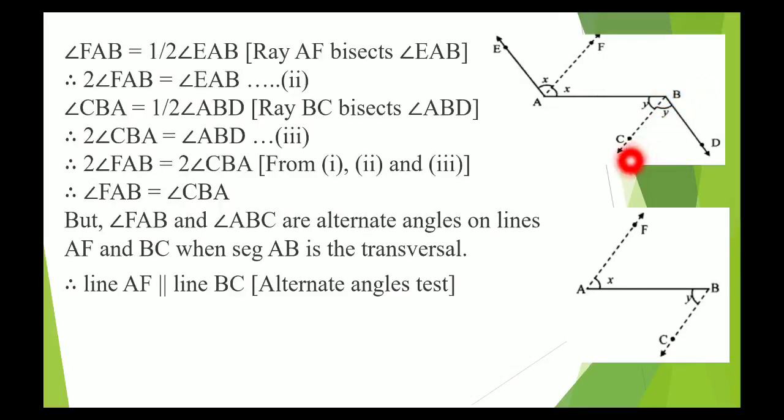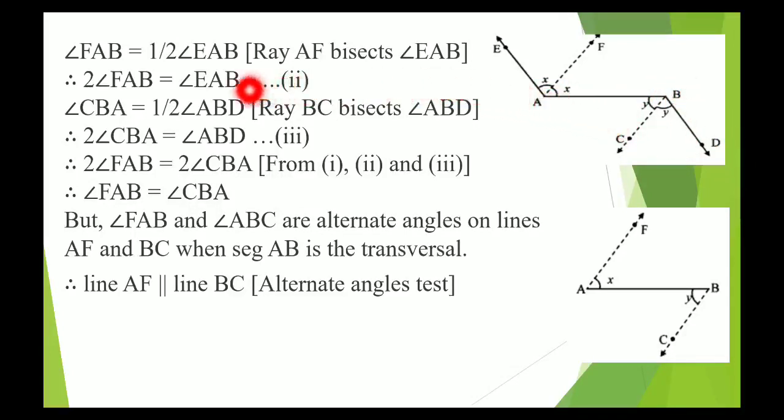Same for this side, ray CB, that is BC or CB, bisects the angle ABD. Therefore, CBA is equal to half of angle ABD.